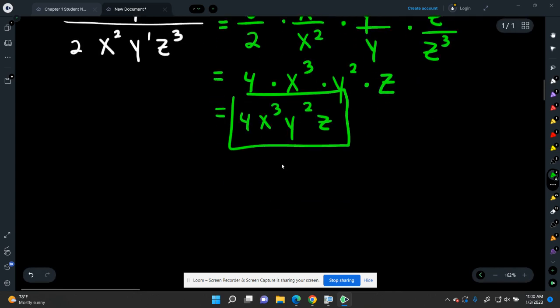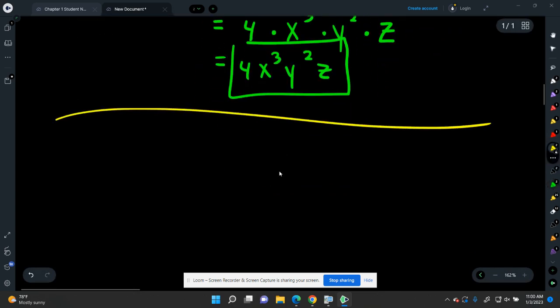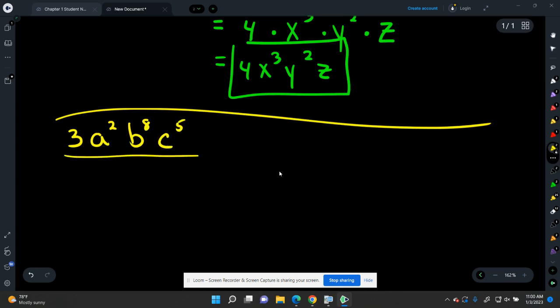Okay, let's look at something different. Let's do 3a to the 2nd, b to the 8th, c to the 5th over 12, a to the 5th, b to the 6th, c to the 3rd.